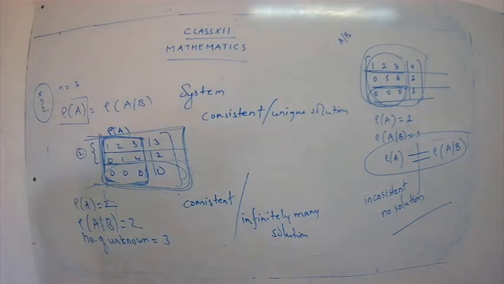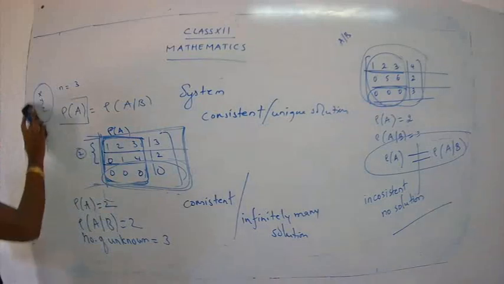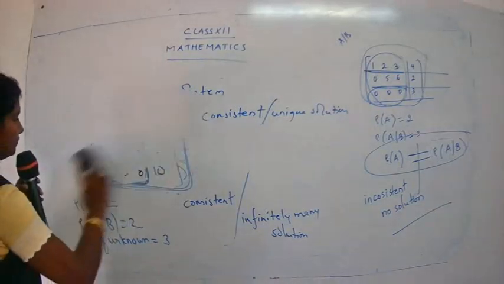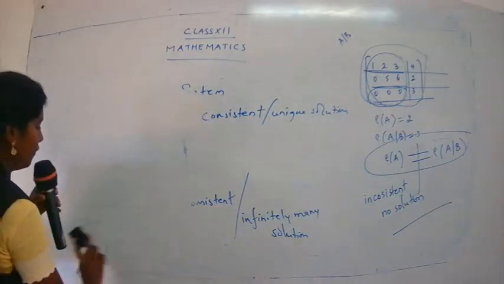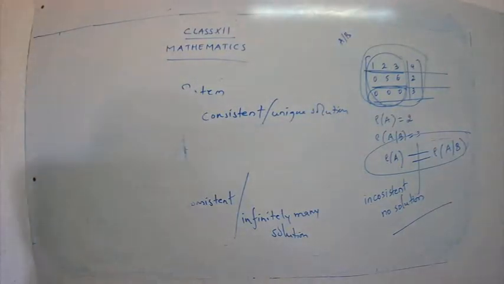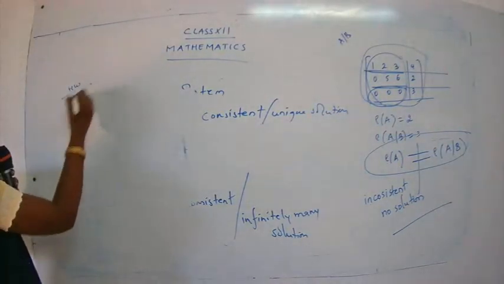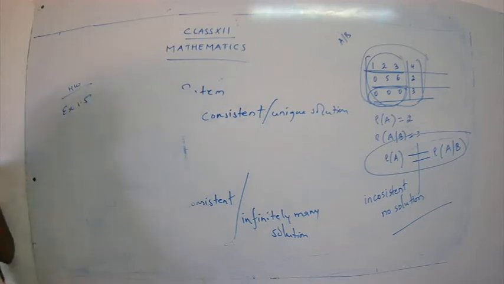So just let me repeat your homework once again. What is your homework? From exercise 1.5, you are going to do the 4th sum. Yes, children? The 4th sum will be your homework.